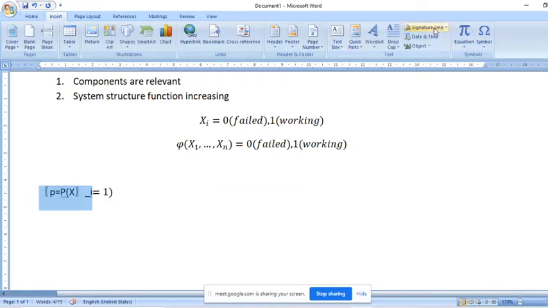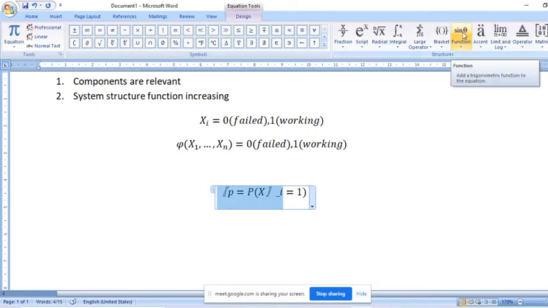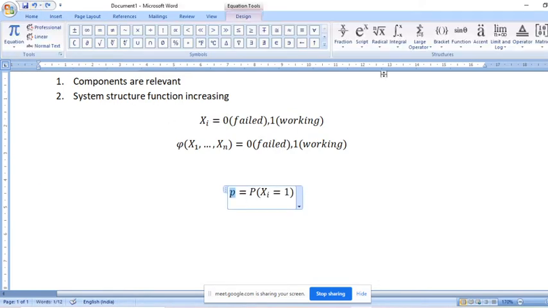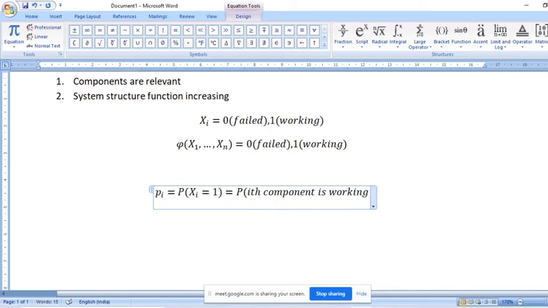We are assuming the life of the light bulb is random, so we have to accommodate some probability assumption, and let small pi be the probability of xi equal to 1, that means the probability that the ith component is working.